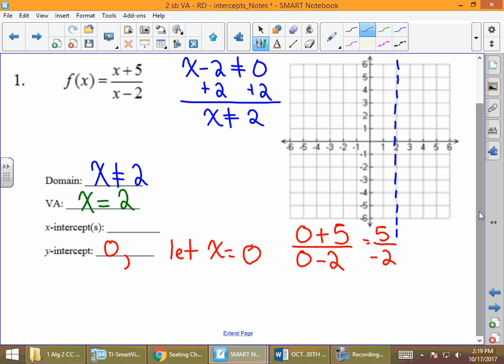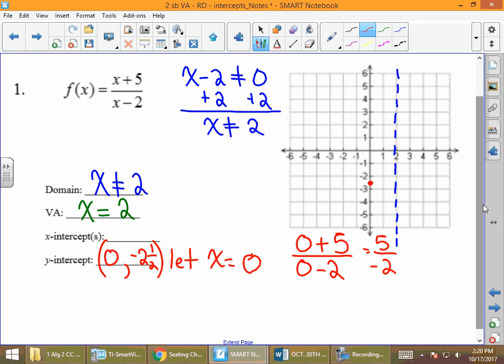And then we came up with negative 5 halves, which, by the way, is the same thing as negative 2.5, if you prefer. And you can put negative 2.5. All of those are the same value. Again, that's our y-intercept. Over 0, down 2.5.